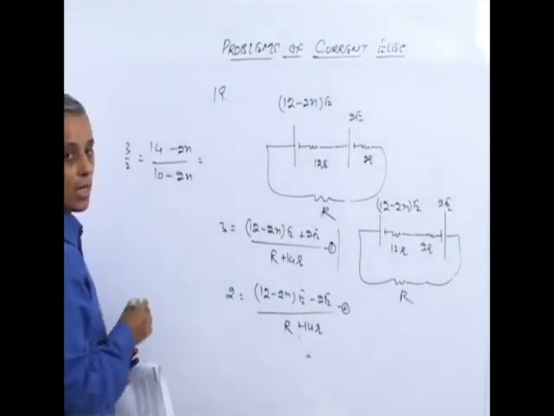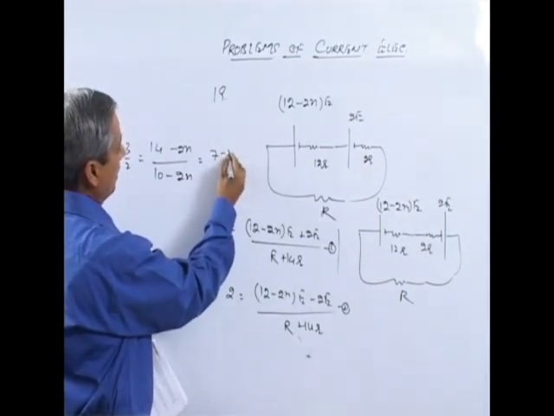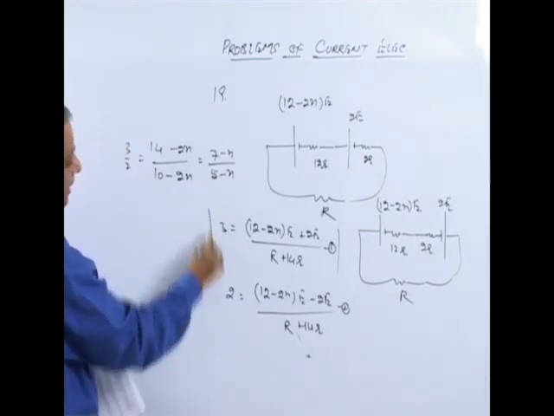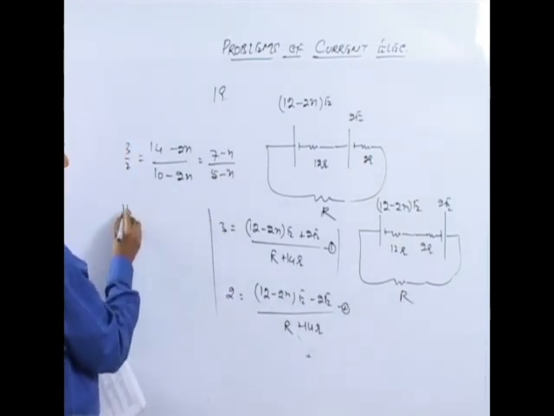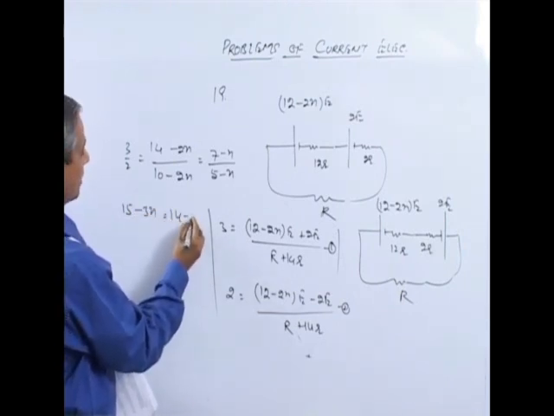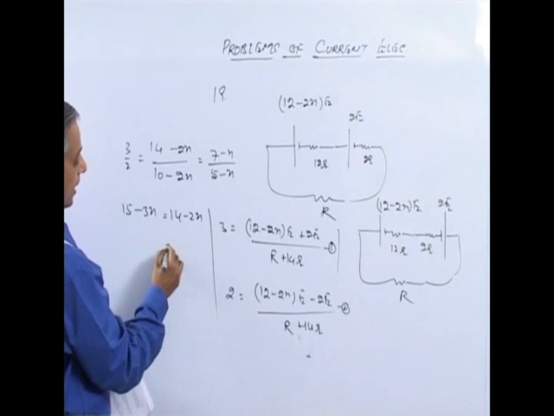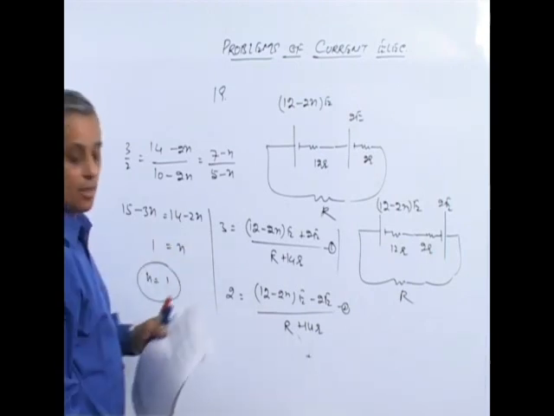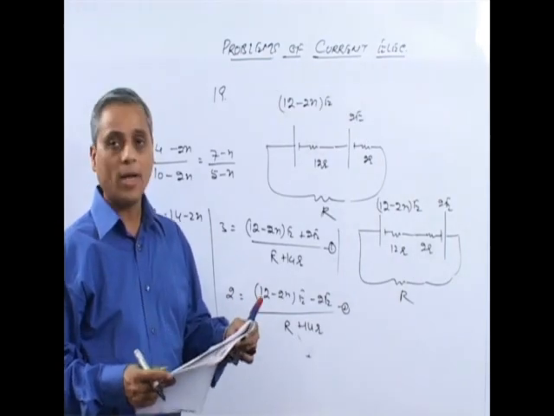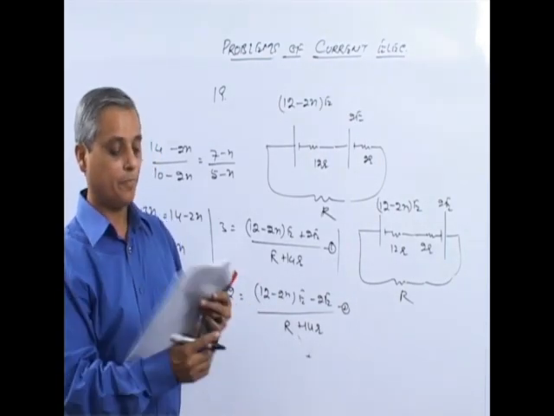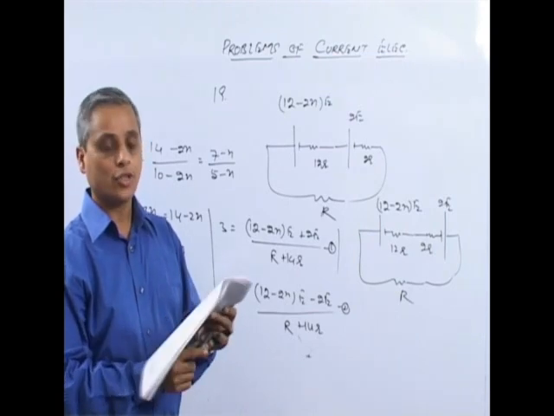So 2 just you cancel, it will become (7 minus n) divided by (5 minus n). Cross multiply. This will make it 15 minus 3n is equal to 14 minus 2n. So n is equal to 1. So actually in this particular question, one cell is wrongly connected. The answer is B. Then question number 20.